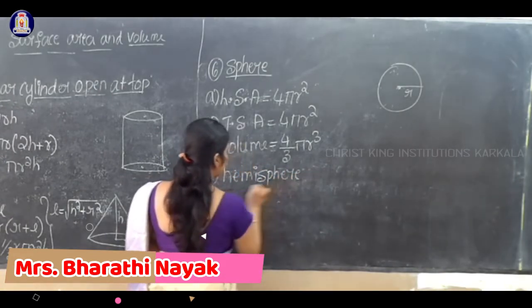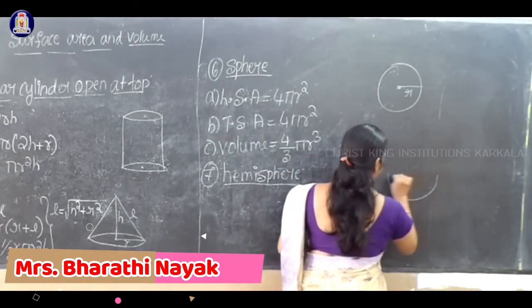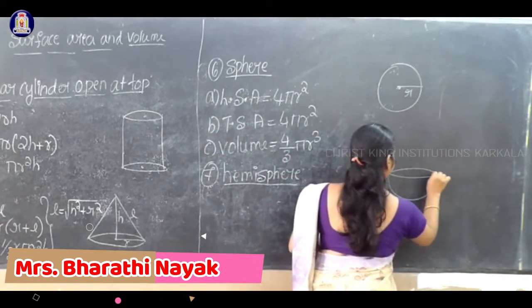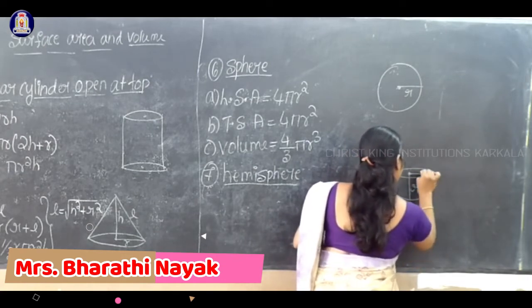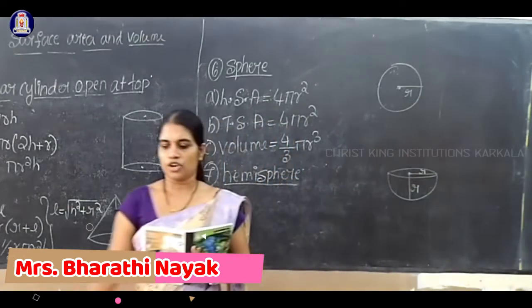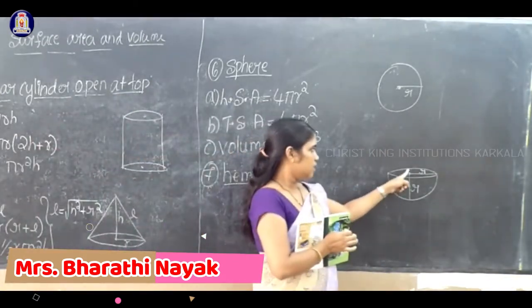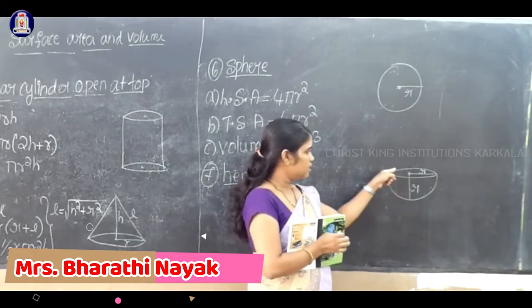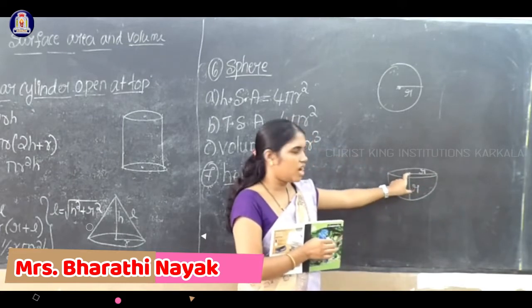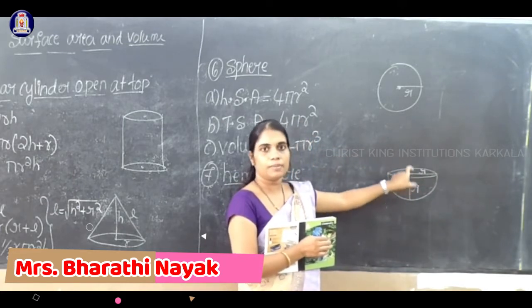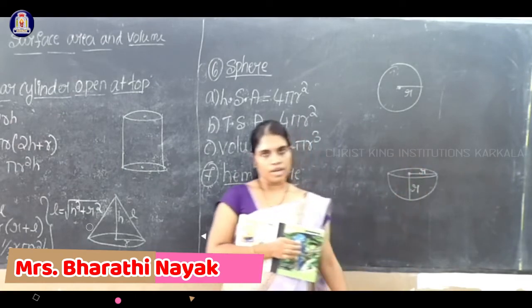Hemisphere means half of the sphere, isn't it? See, this is your hemisphere. This is also a radius, this is also a radius. Here this is the height of the hemisphere, and the height value will be equal to the radius.